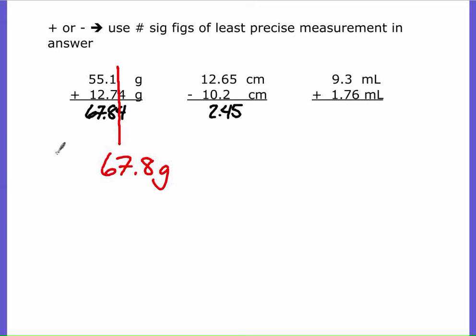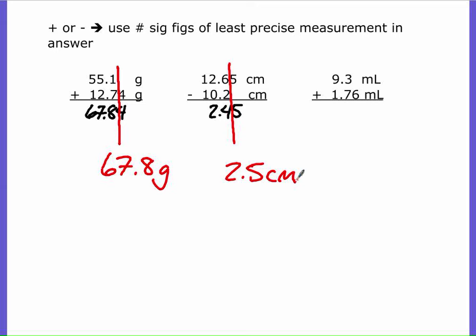But again, I need to round to precision. 12.65 goes all the way to the 100th place, and that 10.2 goes to 10th place. So I need to round to the least precise measurement, so I can only go to the 10th place on this one. So I'm going to get an answer that's 2.5. You always have a unit, centimeters, to go with this one.